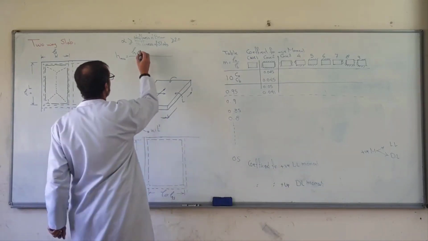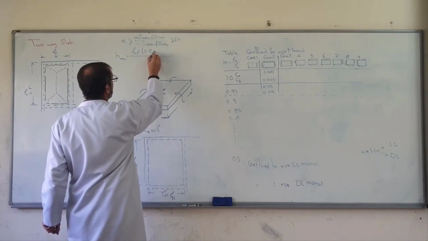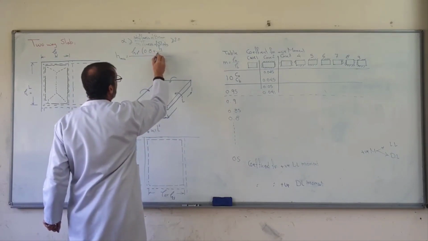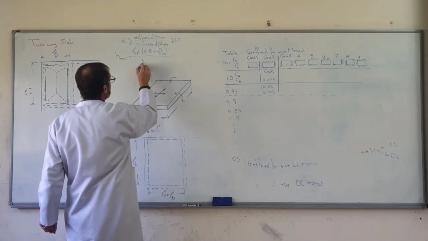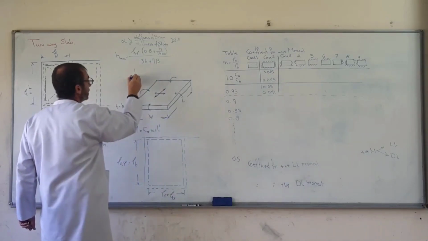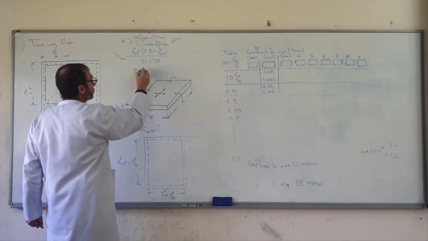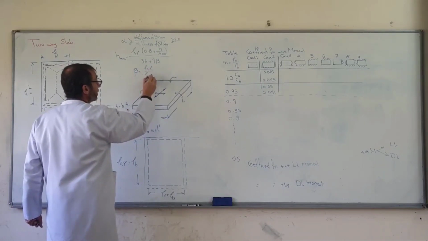Then h is equal to Ln long times 0.8 plus Fy over 1400, over 36 plus 9 beta. Beta is equal to Ln long over Ln short.